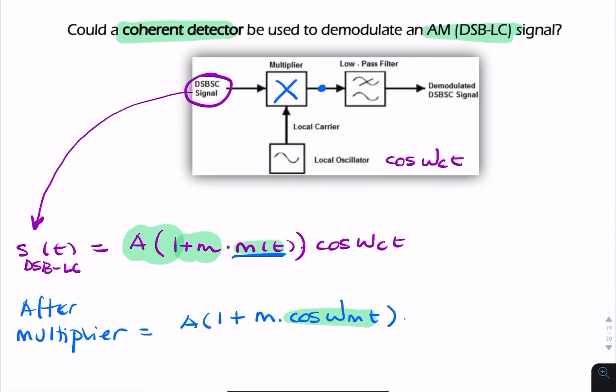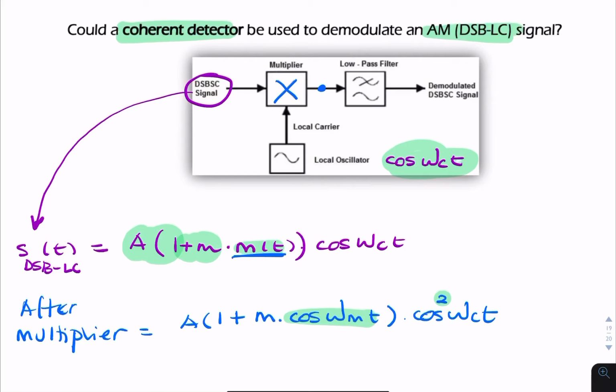Now I'm multiplying it by cosine omega ct, and then multiplied by cosine omega ct again, because we have this term here. So here we have a cosine from the original DSB signal, and we have a cosine from the local oscillator. Together, that gives you cosine squared.